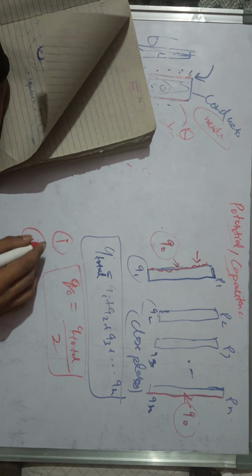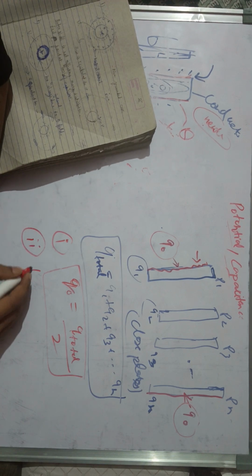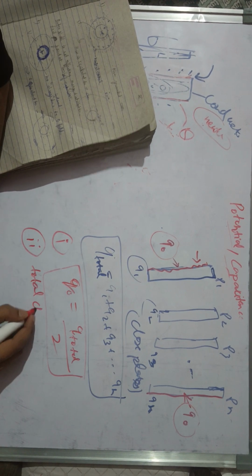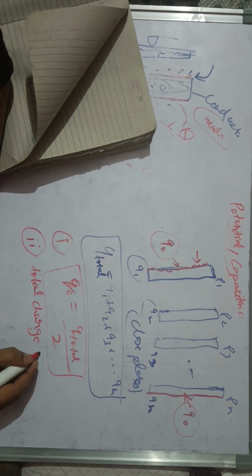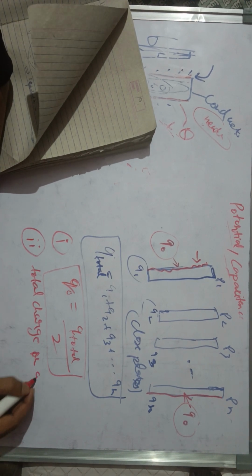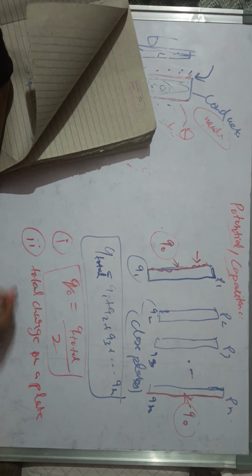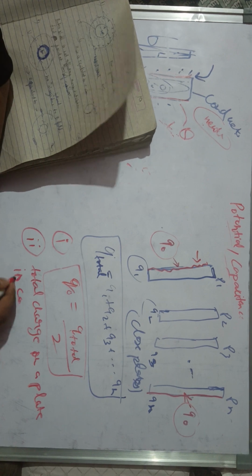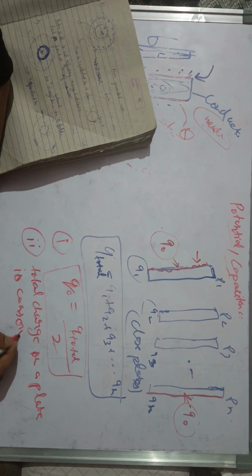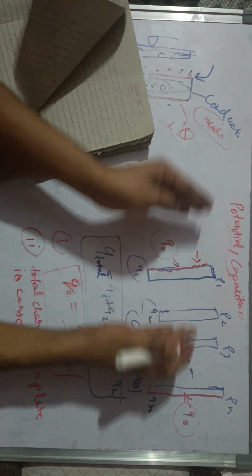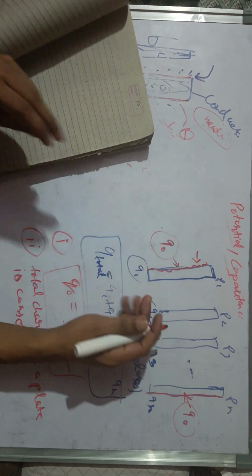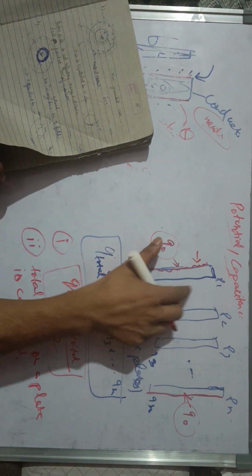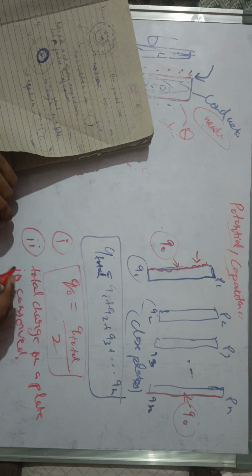The second thing is that the total charge on a plate is conserved. So when charge redistribution happens in a plate, the total charge on the body will still be q1.